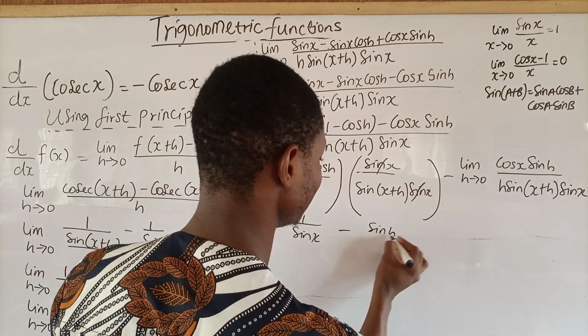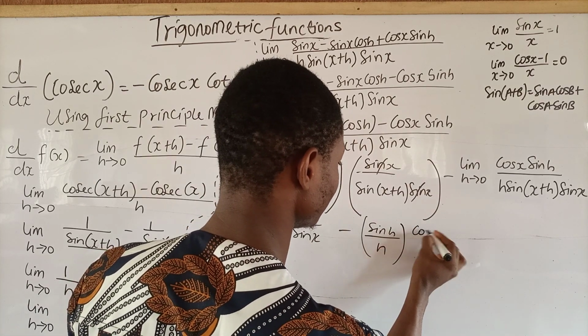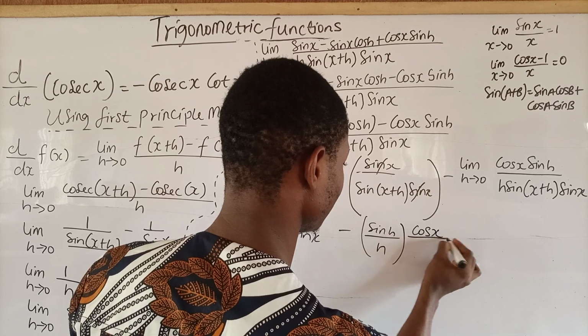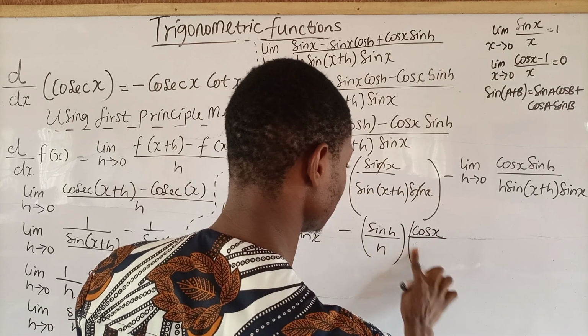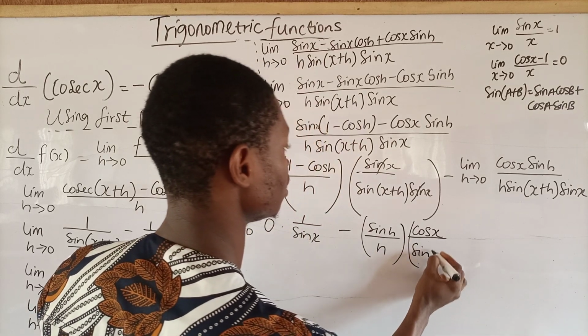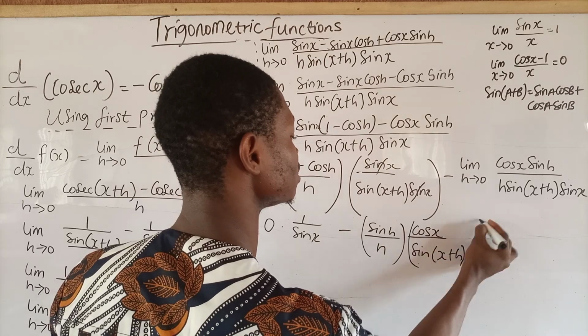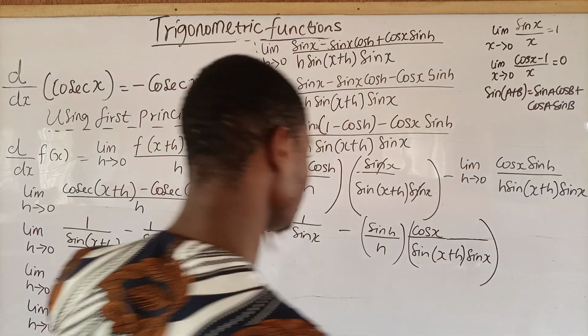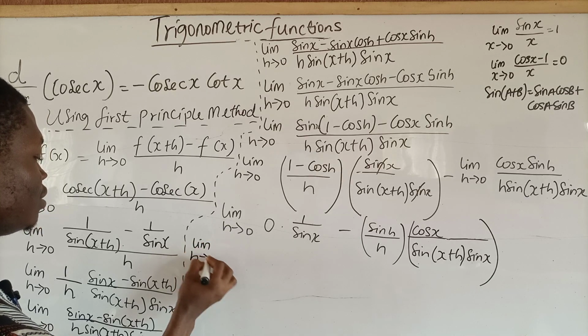sine h all over h multiplying cos x all over sine of x plus h sine x. So we have limits as h approaches 0.